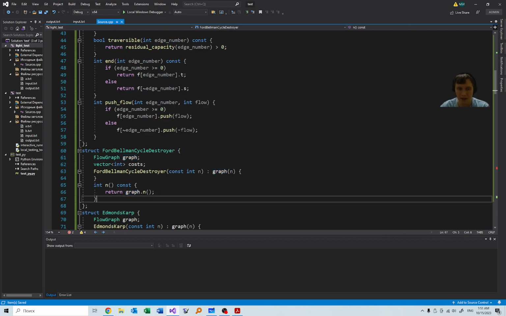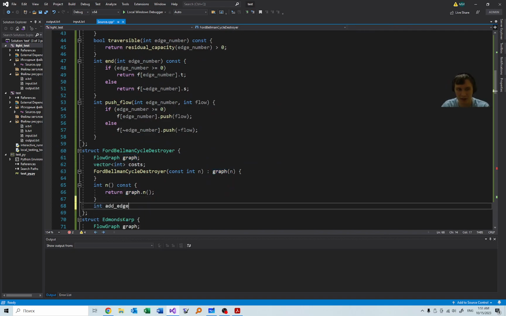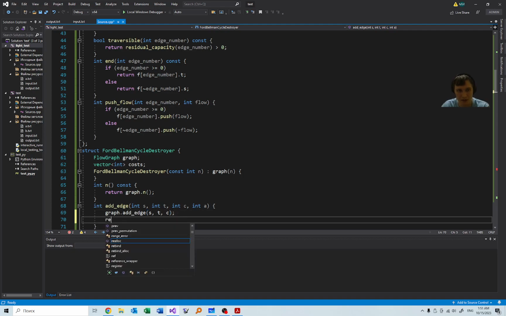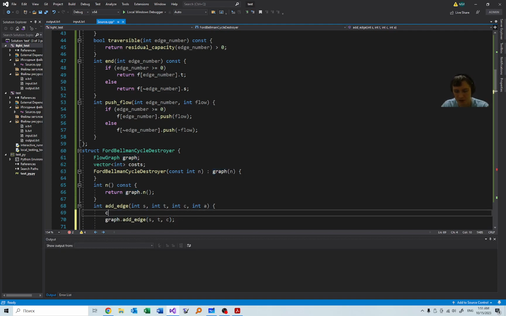So here we have int add edge from to capacity and cost. So we say costs. We say graph dot add edge stc and we also say costs dot pushback a.